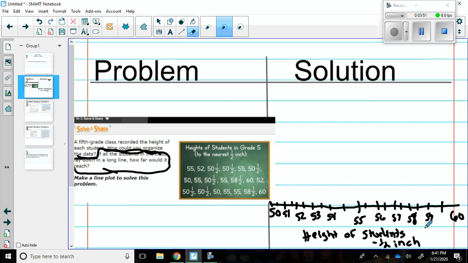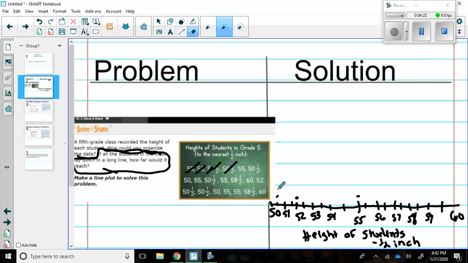Okay, now I need to start doing my plot. So I have the number 55 here. Crossing out each number as I go helps me keep track of what I've measured and what I've collected so far. So I'm going to go through each number. Oh, it's 50 and a half. Okay, so 50 and a half, be there.